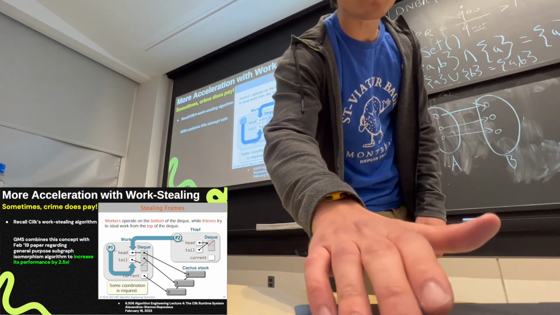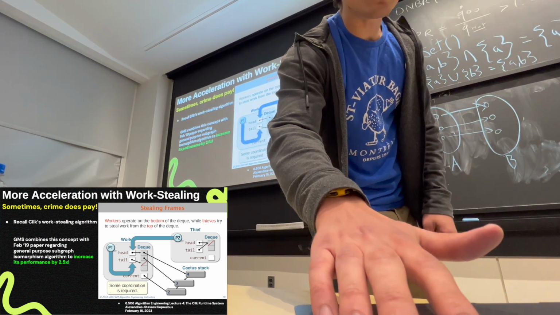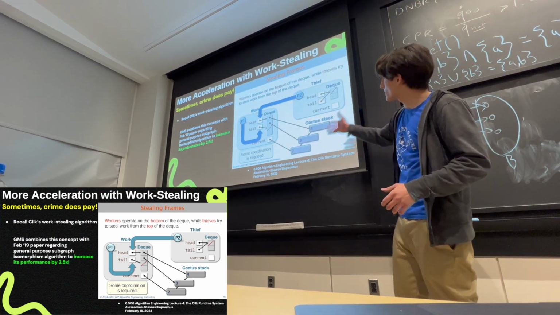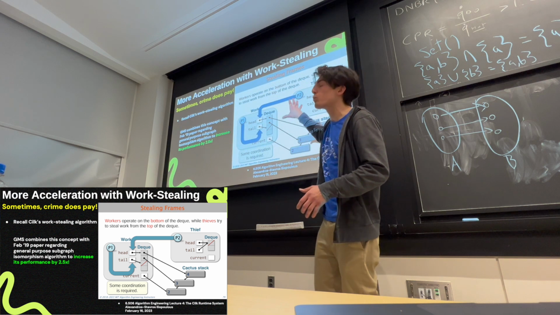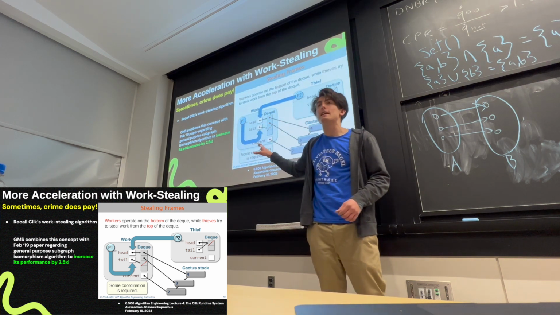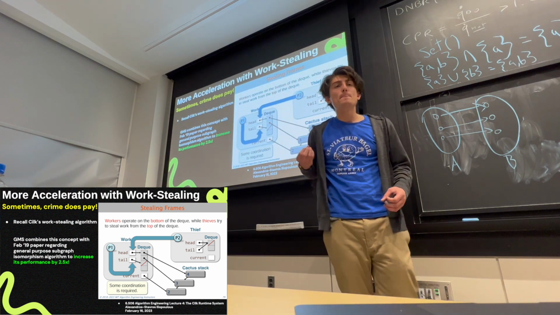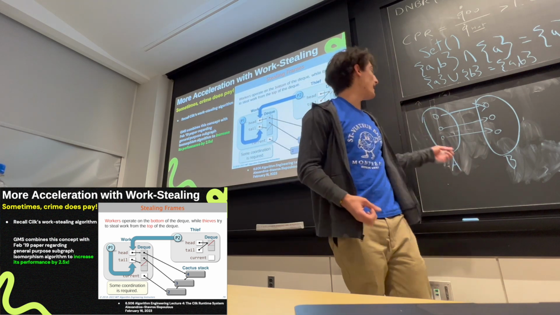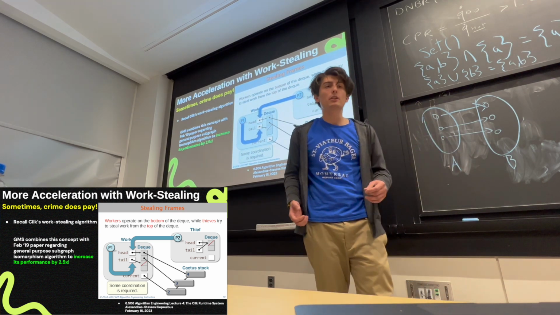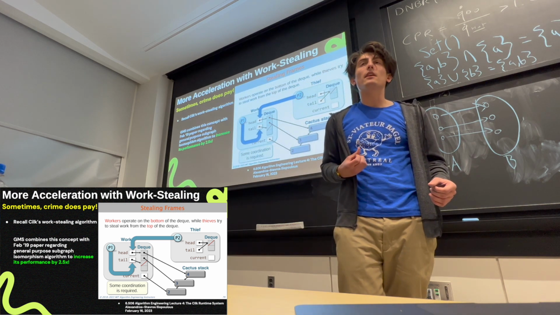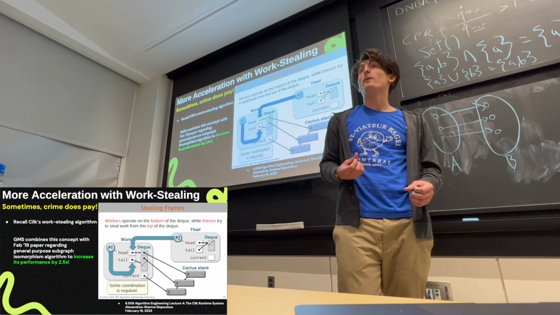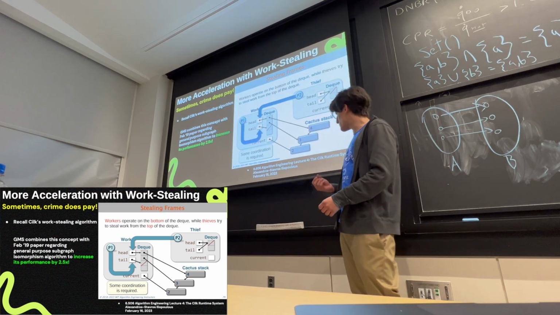But the idea here is that GMS takes this work-stealing process that we've seen in Cilk, and it combines it with subgraph isomorphism, which we demonstrated earlier, and it yields a performance increase of about 2.5 times, which is, again, non-trivial.